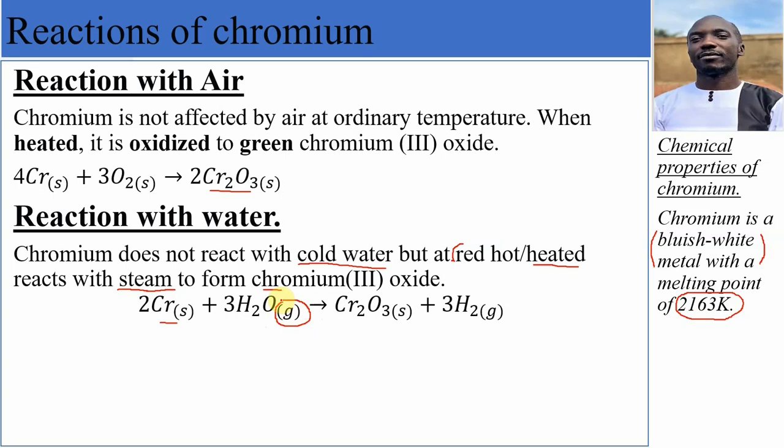Then we form a green solid, chromium 3 oxide, and a colorless gas, hydrogen. So if they ask you the reaction of chromium with water, you have to state that it doesn't react with cold water, but when it is heated, it can react with steam to form a green solid. That would be part of your observation.